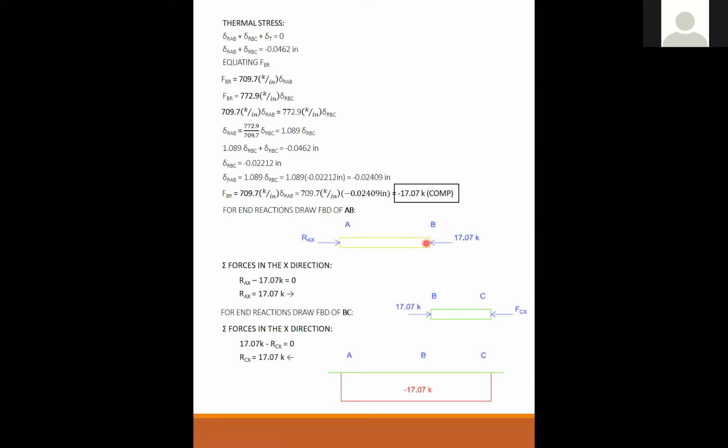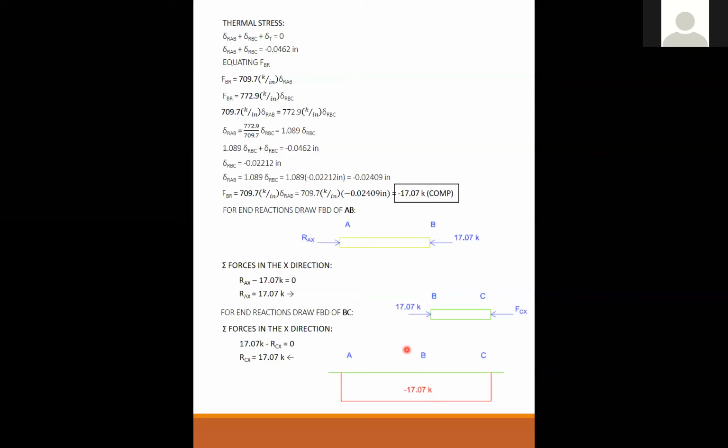So if you want to find out what the exact length of A to B is after it's all said and done, and it's not going to be the 36 inches that you started with, you find the expansion of A to B by using the alpha delta T L equation, and then you add to that the compression of A to B with the PL over AE equation, using minus 17.07 kips as your P. They nearly cancel each other out, but not exactly.